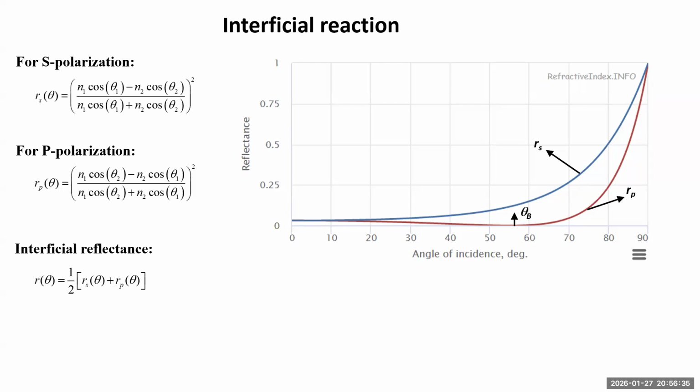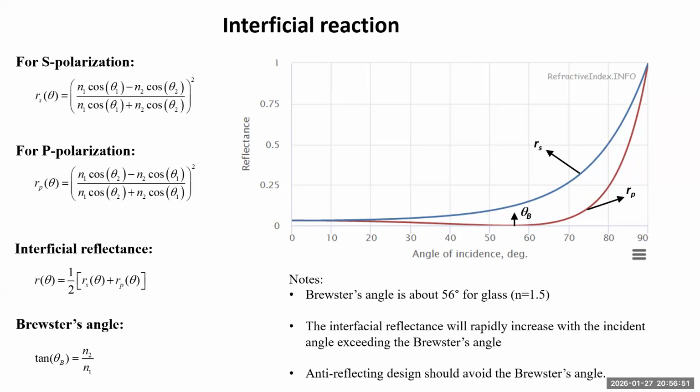It is worth noting that there exists an angle making the P polarized light reflectance 0, and this angle is usually called Brewster's angle. Brewster's angle is about 56 degrees for glass.